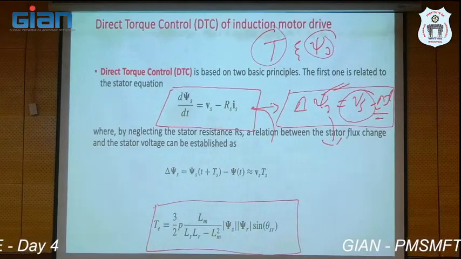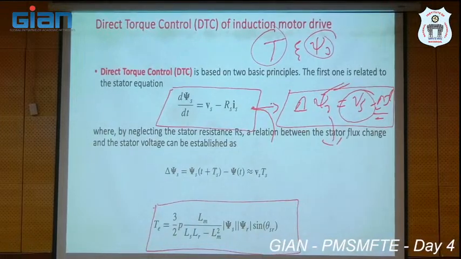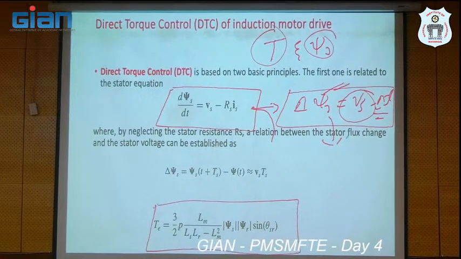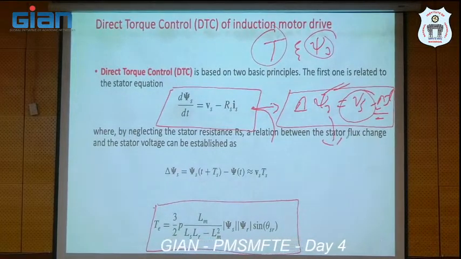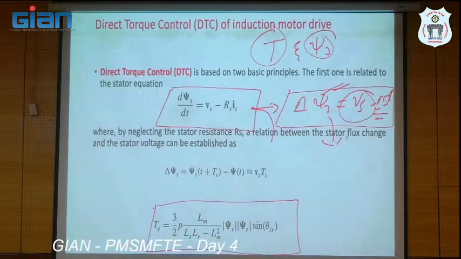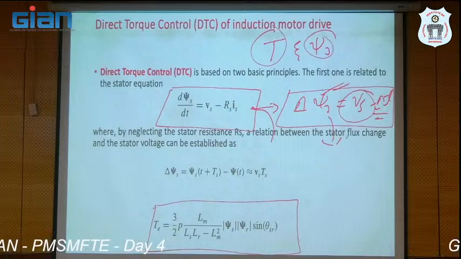See, the salient pole synchronous machine is generally used to improve the voltage profile. Under no load condition, they connect the salient pole synchronous machine to the grid. Whenever they want to improve the voltage profile, they excite the rotor poles beyond the rated value, over excitation. You got my point?